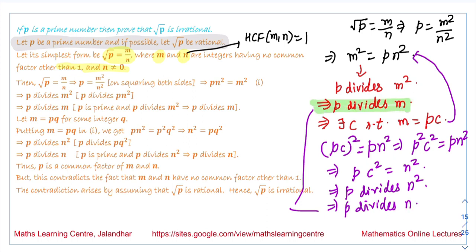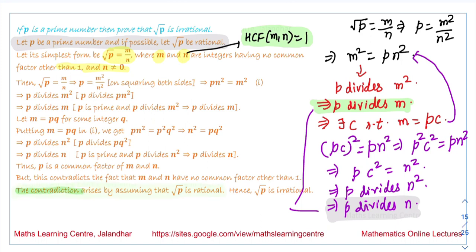One is P divides M, and second we are saying P divides N. So it means that P is the common factor of M and N, and this is the contradiction to the fact that HCF of M and N is 1. That is, the highest common factor of M and N is 1.